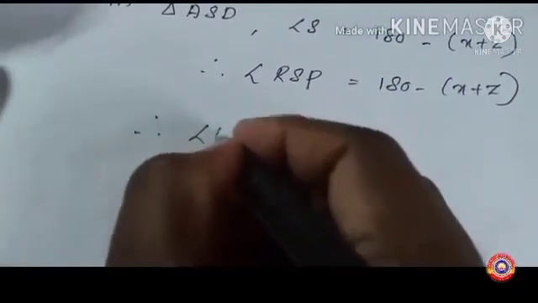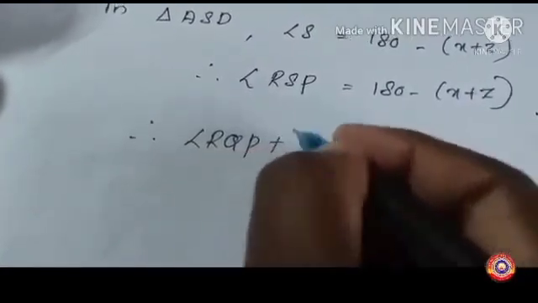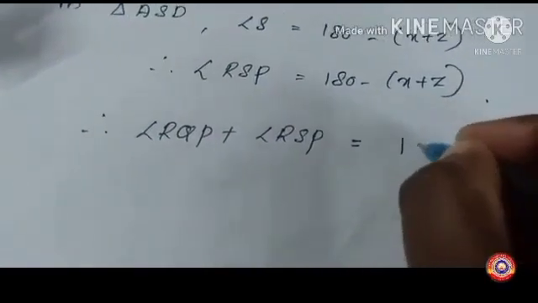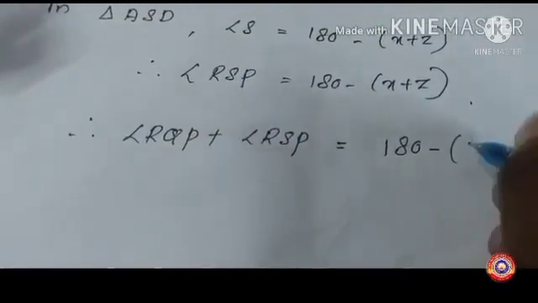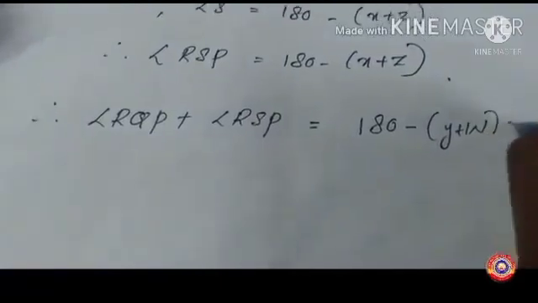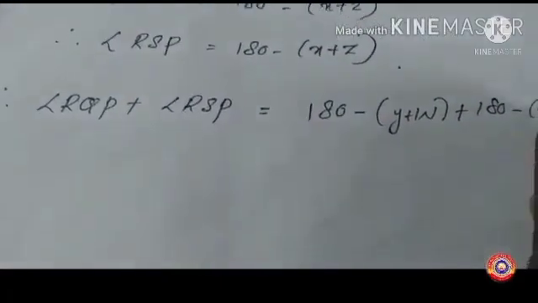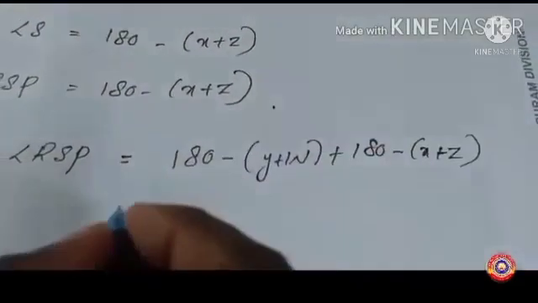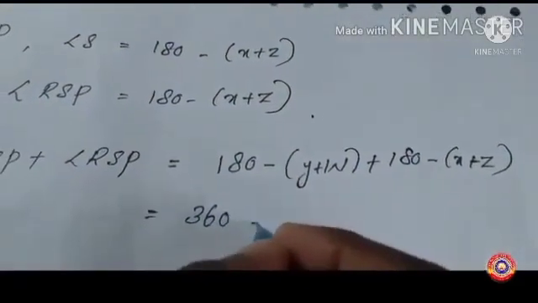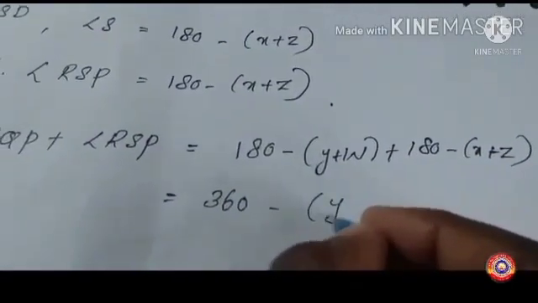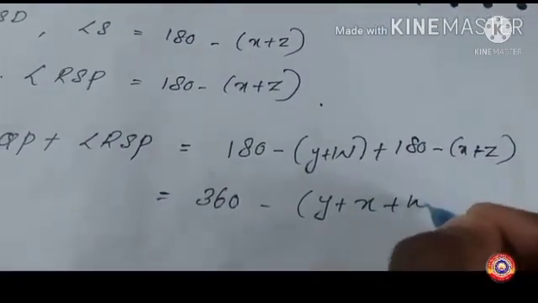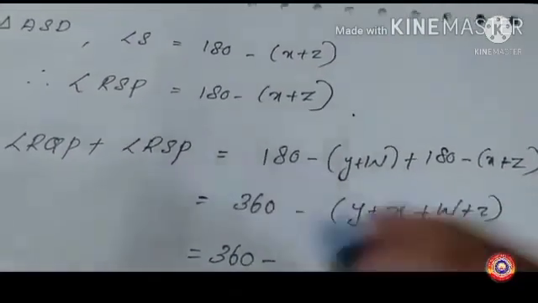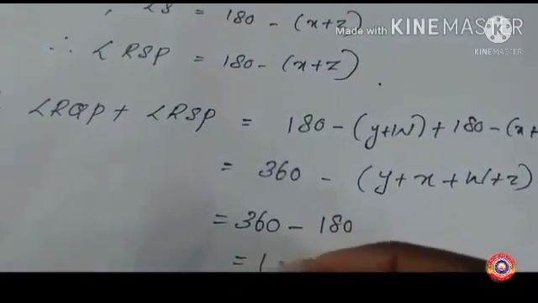Next we have to add both the angles. Angle RQP plus angle RSP equals 180 minus (y plus w) plus 180 minus (x plus z). So 180 plus 180 is 360 minus (x plus y plus w plus z). It is equal to 360 minus 180, and it is equal to 180 degrees.